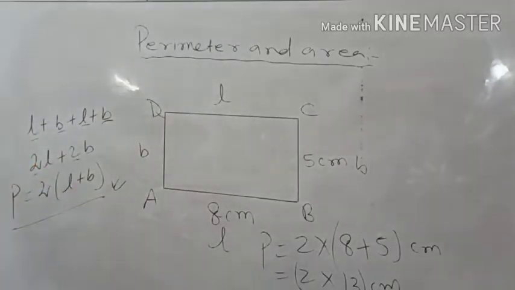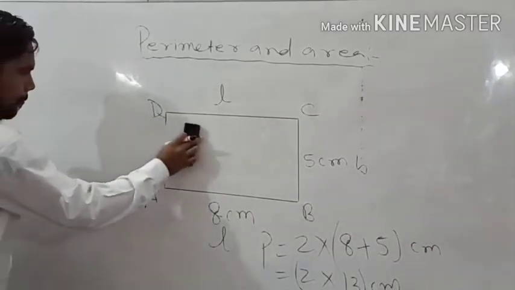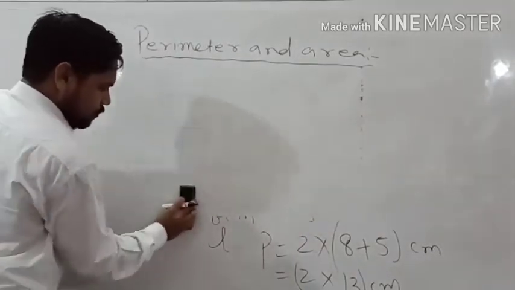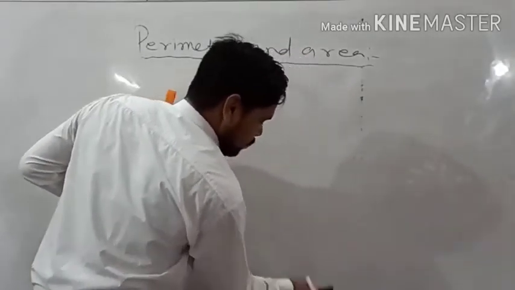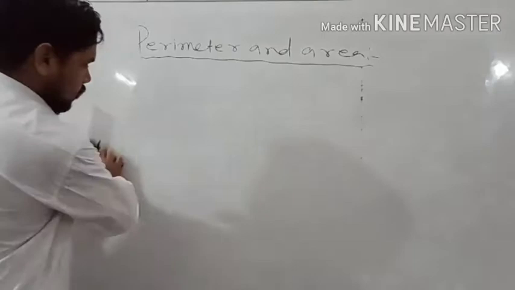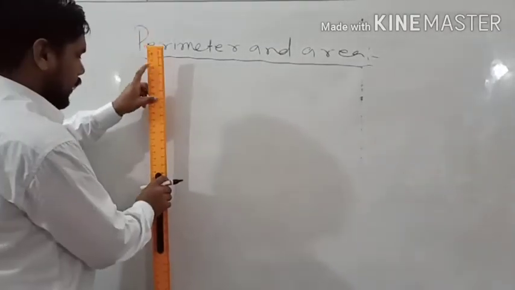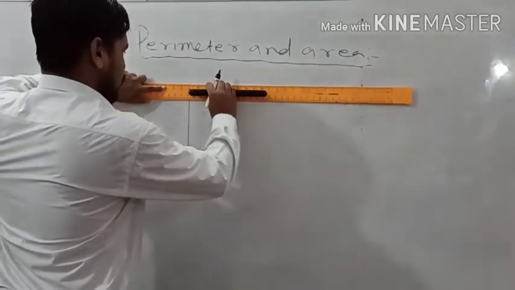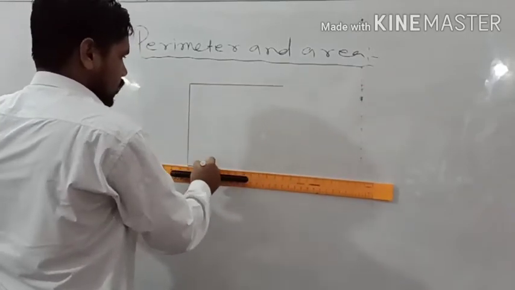Now let us see the perimeter of a square. How we can find out the perimeter of a square? Now let us take a square. Let us draw a square. A square is of equal length, all the sides. सारे sides का length जो होता है वो equal होता है.